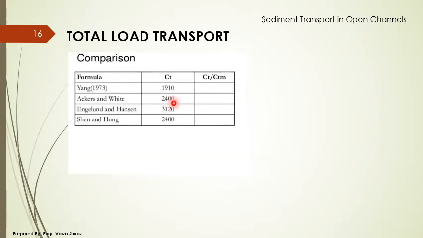You will find the value of the total load in terms of the concentration by all the four mentioned formulas, and you can also compute the ratios of the calculated and measured concentration.